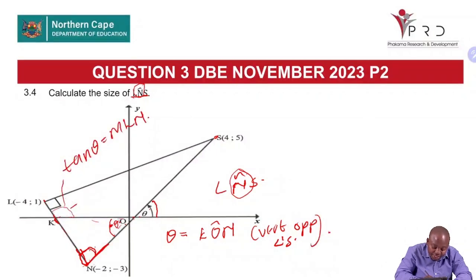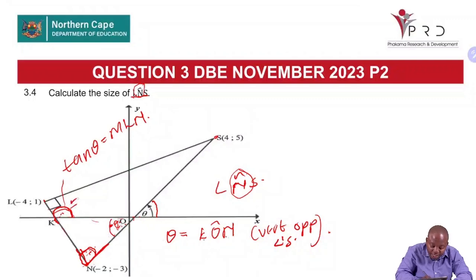Then when you find this angle, we can simply use the exterior angle of a triangle, which equals the sum of the opposite interior angles. That means this angle, which is our LKO, is equal to the sum of angle LNS plus angle KON.